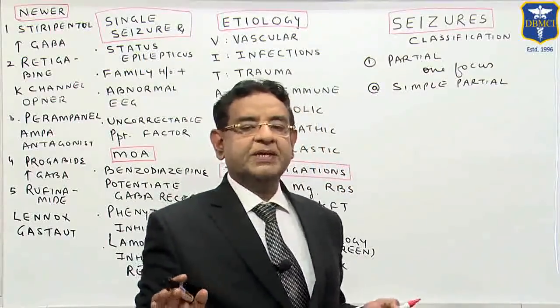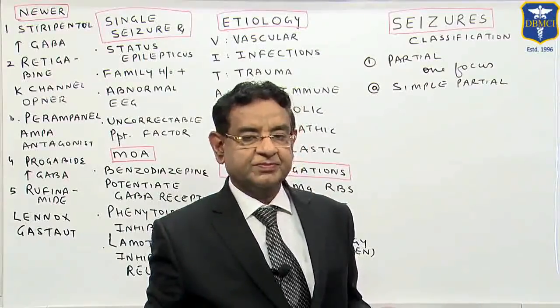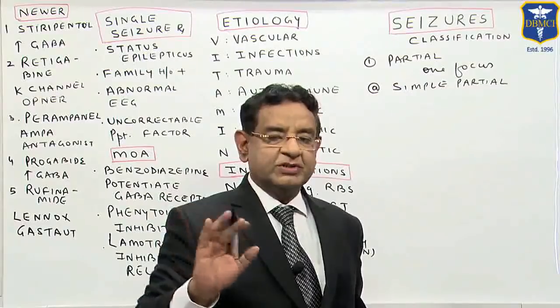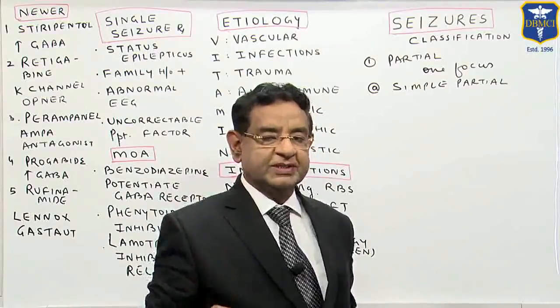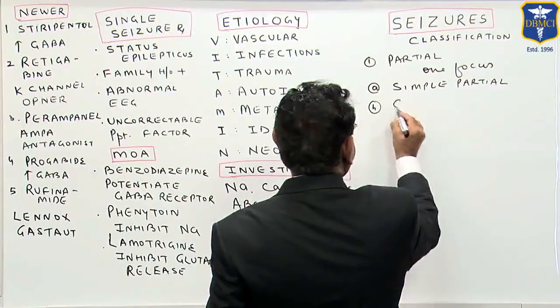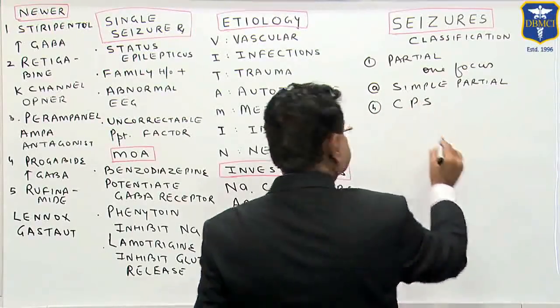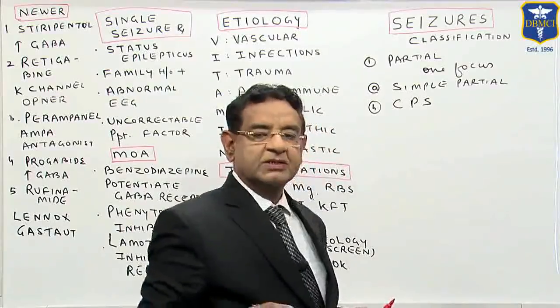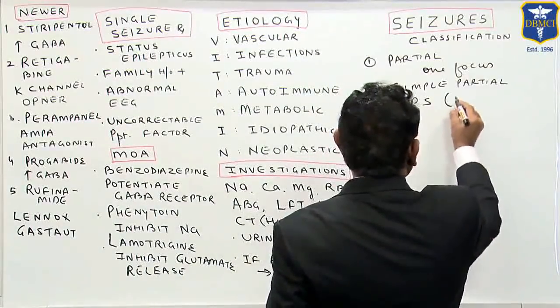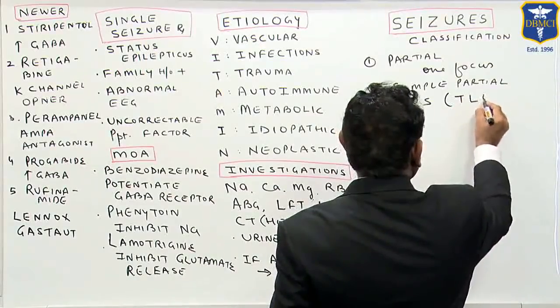Here the patient is conscious. That means there is no disturbance of consciousness and there is a focal feature. Second is complex partial seizure, also known as temporal lobe epilepsy.